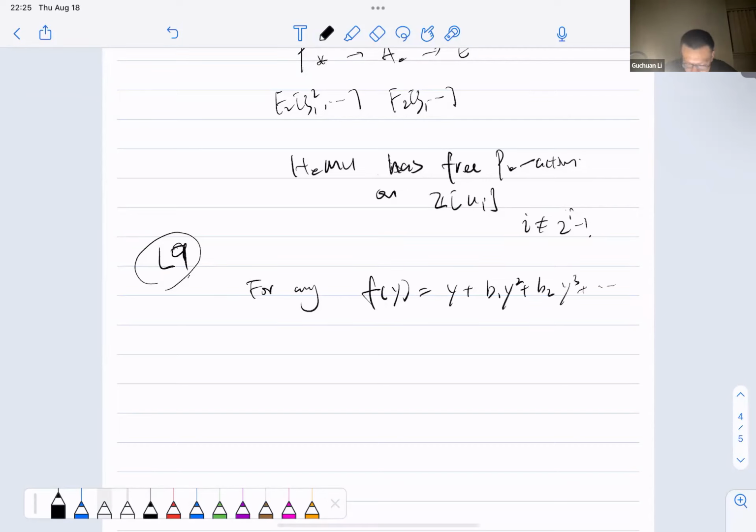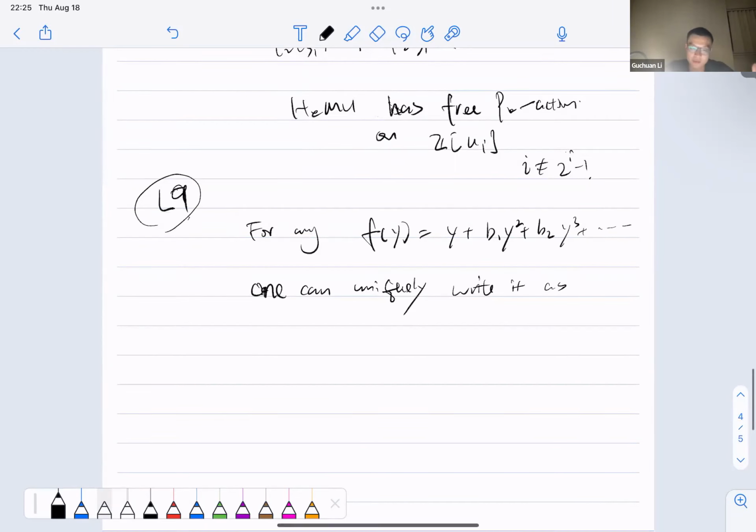All the b_i's are there. One can uniquely write it as a composition of two formal power series with restrictions on the coefficients.